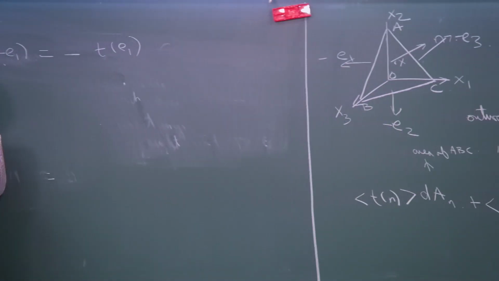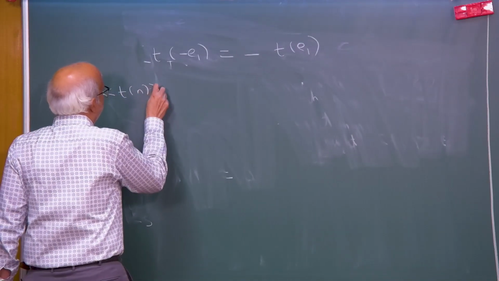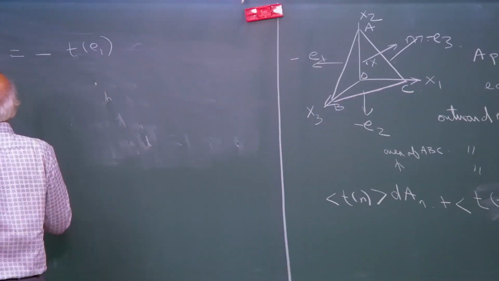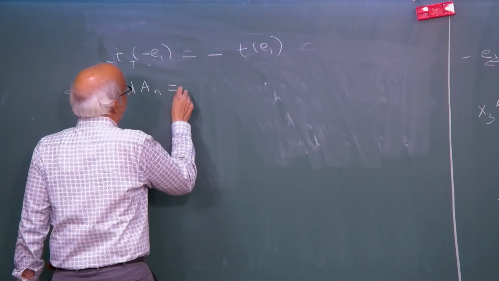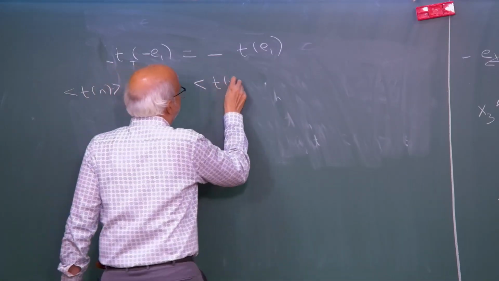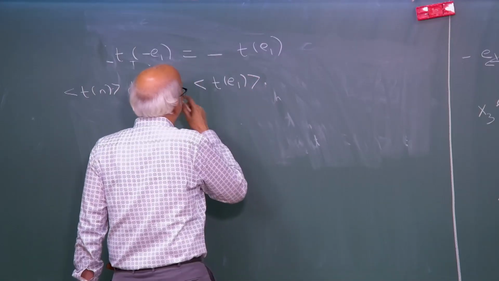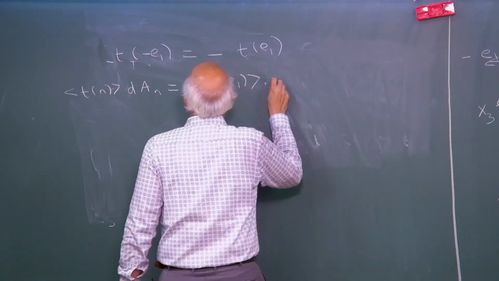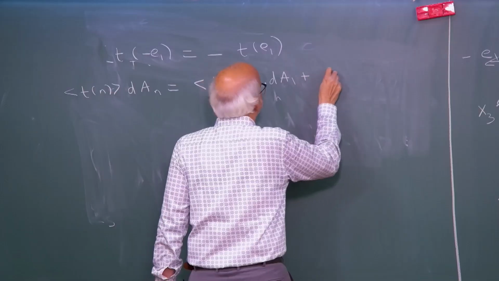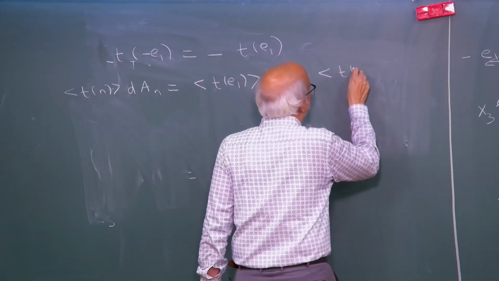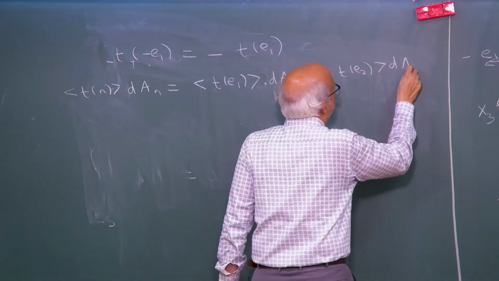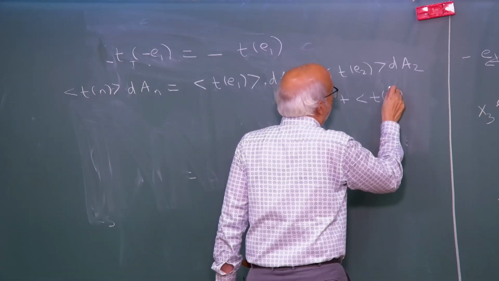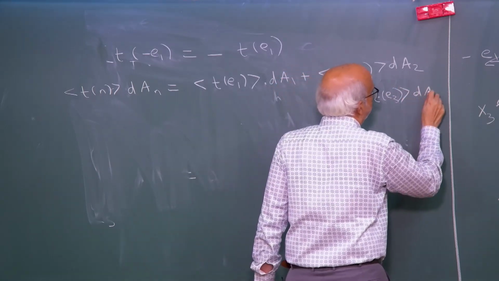So, average of T of n dA n equals average of T of E1 times dA1, plus average of T of E2 times dA2, plus average of T of E3 times dA3.